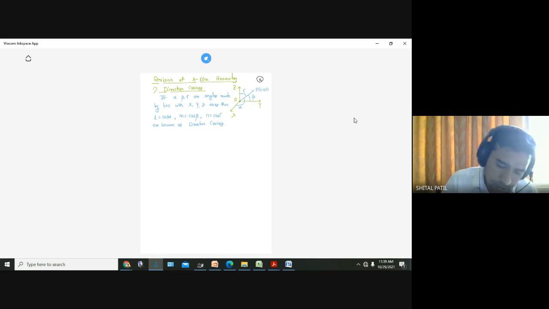Okay, right? Here L square plus M square plus N square equal to, anyone remember? 1.